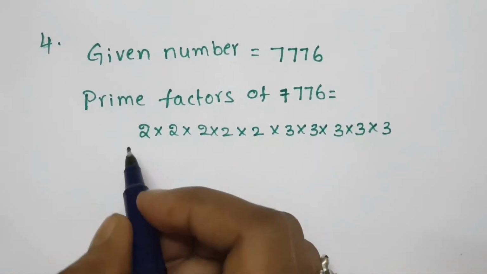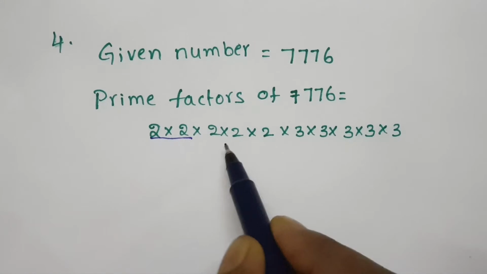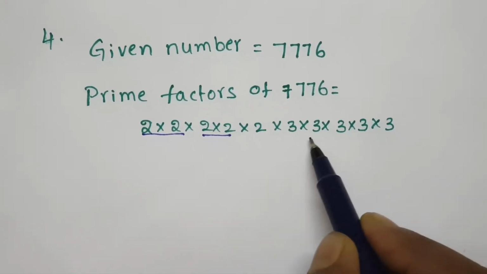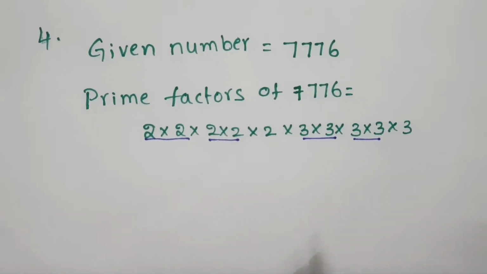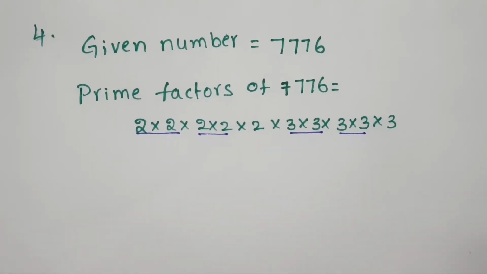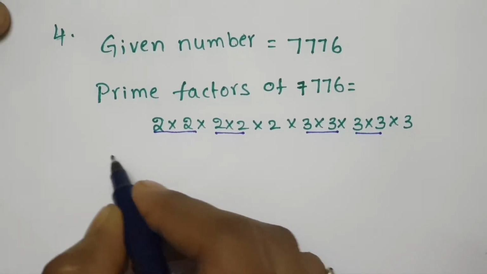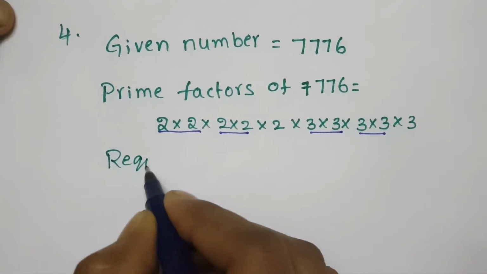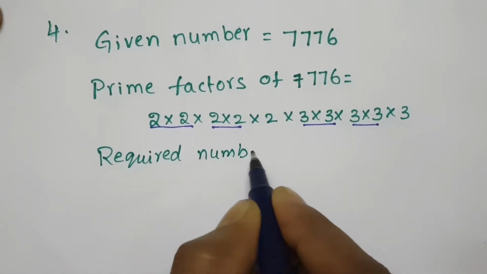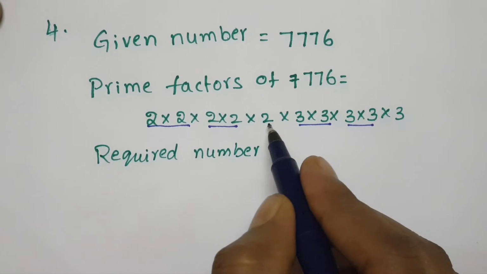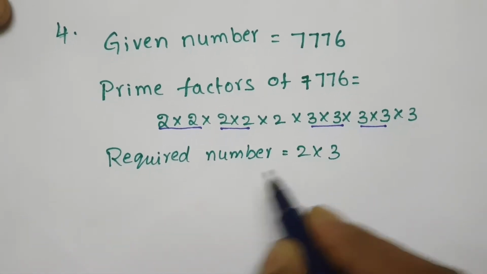Prime factors, this total. Pairs observe here. 2, 2, here 3, 3. 2 into 3. Still we want to divide 2 into 3. They are asking only divide. Means what is the required number? Required number equal to what is left here? 2 into 3. 2 into 3 equal to 6.